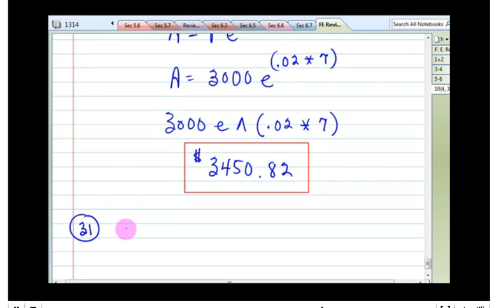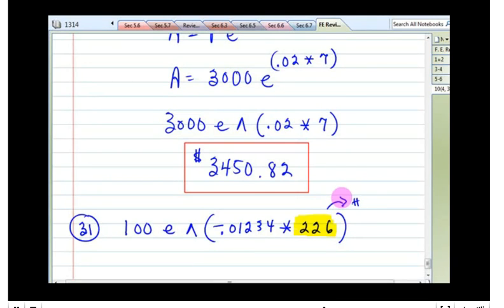So on your calculator, do 100e to the negative 0.01234 times 226, which is the number of years.